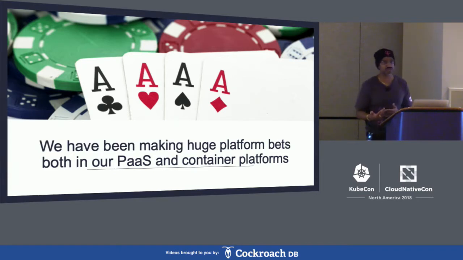We've also made major investments in running Kubernetes. So if PaaS doesn't work for you, you have the option to run container-based workloads. The reason I'm saying all of this is that, especially in the container platform, there are a lot of gaps in really enabling enterprise developers to be successful in deploying their workloads.